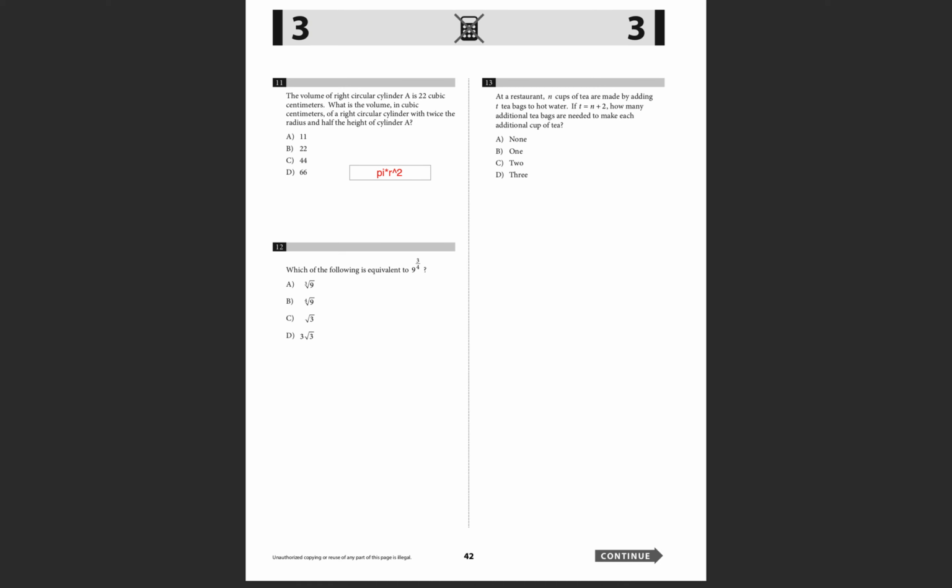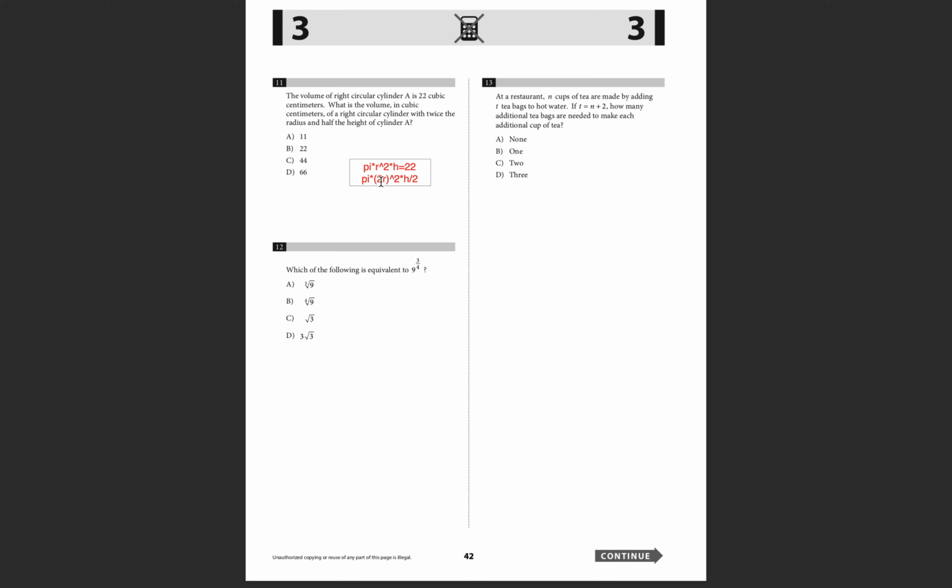This equals 22. And now we have a second cylinder with pi times, so the radius is twice the original, so it's really 2r squared, and then times half the original height.